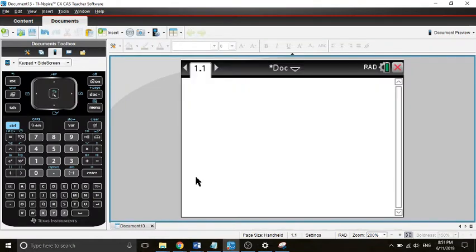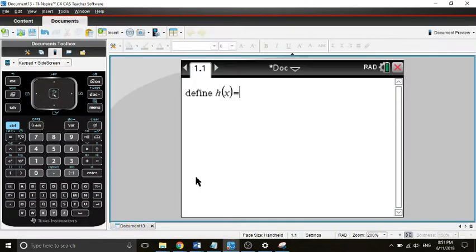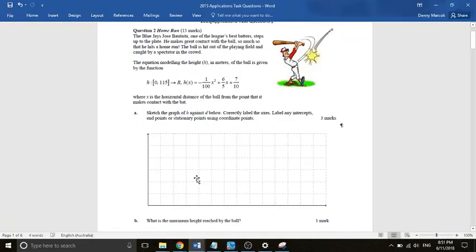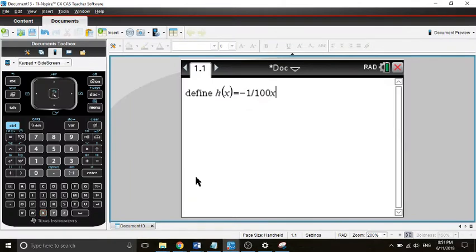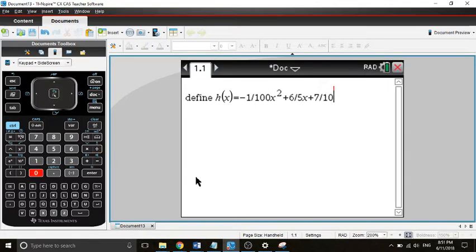New thing. So define H of X equals negative 1 over 100 x squared plus 6 over 5 x plus 7 over 10.